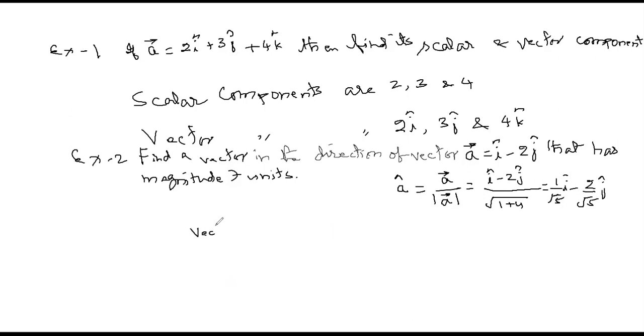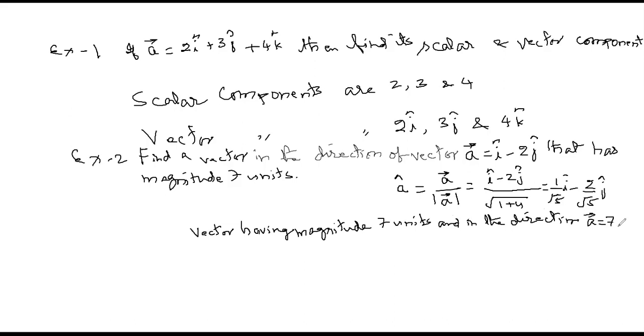So we can say the vector having magnitude 7 units and in the direction of vector A will be equal to 7 multiplied by the unit vector in the direction of A. The unit vector is always denoted by a cap.